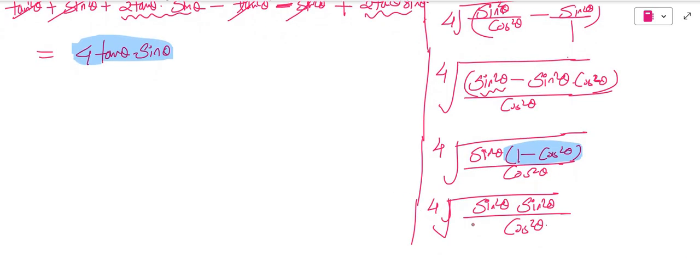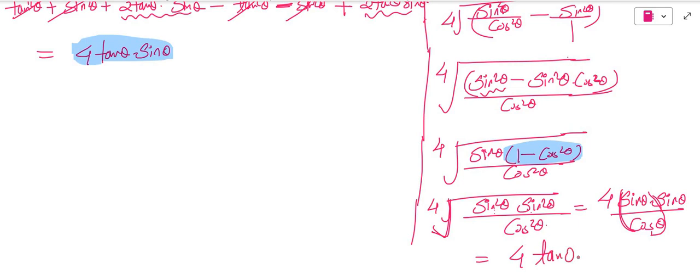Now we will take under root of it. So what will be under root of it? Under root of sin square is sin theta into sin theta, and under root of cos square is cos theta, correct? What is sin by cos? It is nothing but tan, and this sign is still there.